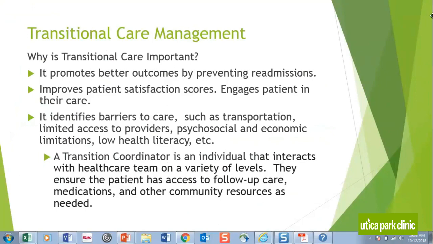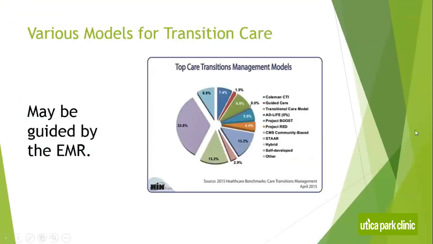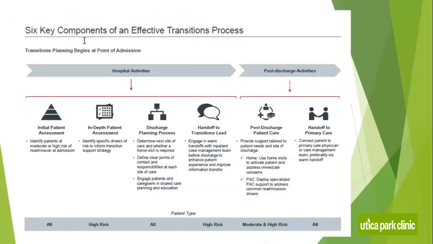So there are various different models for transitional care. There's a couple that are widely renowned, the Naylor and Coleman. Most models today use a combination of these, and they're community-based. This next slide shows 6 key components of an effective transition process.